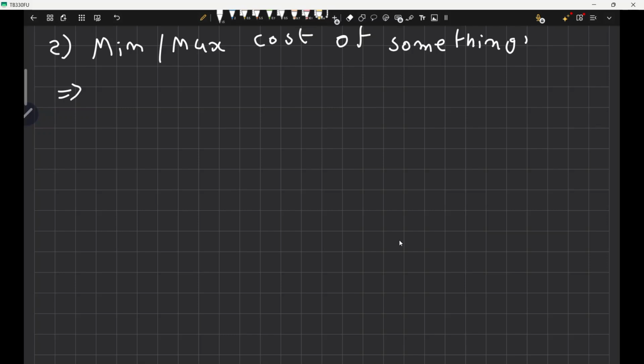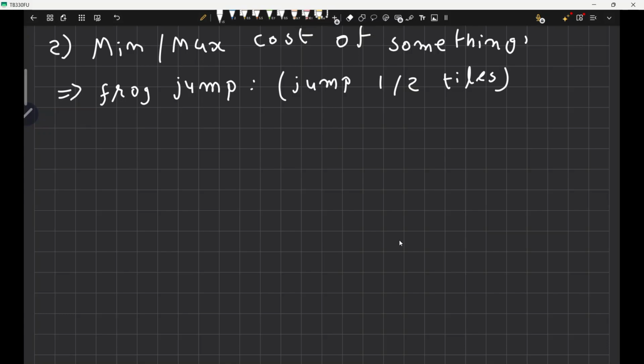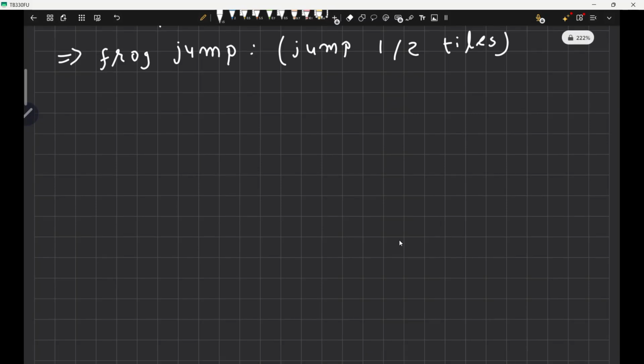The question is again the frog jump, and this time you can jump one or two tiles, but now instead of all of the possible ways, you just have to find, let's say, the minimum cost to reach the nth tile.